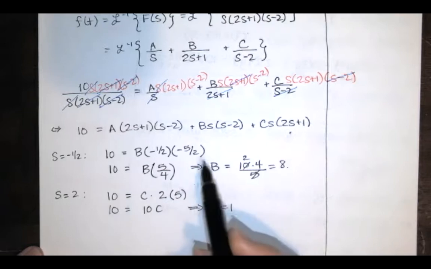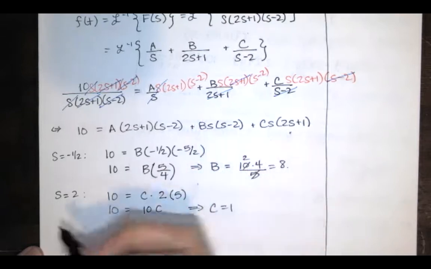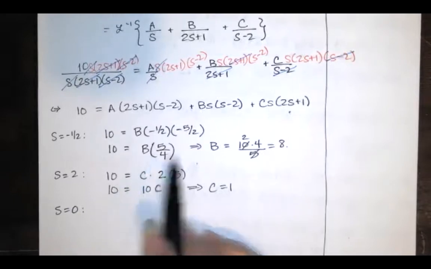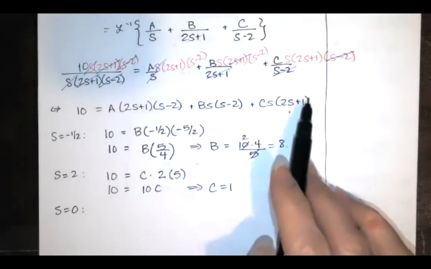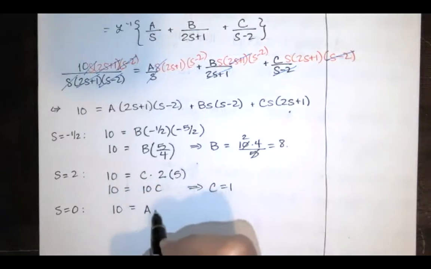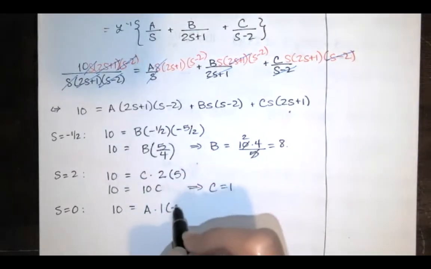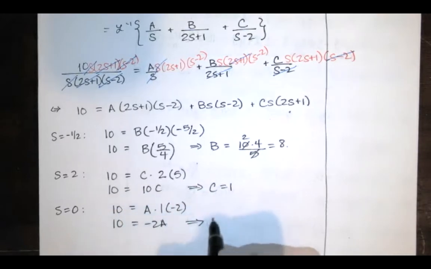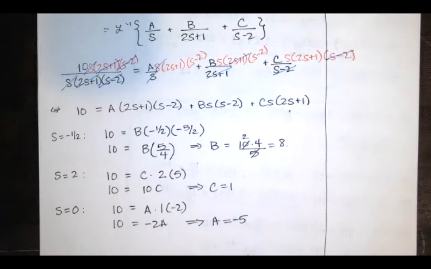And then we will choose a value of s that makes this factor 0, which is just s equals 0. If s equals 0, this term is gone, and this term is gone, and we just end up with this one. So we have 10 on the left-hand side equals a times 1 times negative 2. So 10 equals negative 2a, so a equals negative 5.